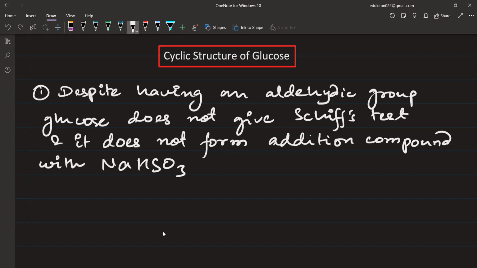NaHSO3 के साथ एल्डिहाइड अगर है आपके पास या फिर कीटोन है आपके पास, तो आपके पास दोनों चीजें होनी चाहिए. Schiff test देना चाहिए एल्डिहाइड को, and it also should form compound with NaHSO3. जो addition compound bisulfide compound हम लोग जो बोलते हैं, it should be also formed, but it does not give both of these things. ठीक है?